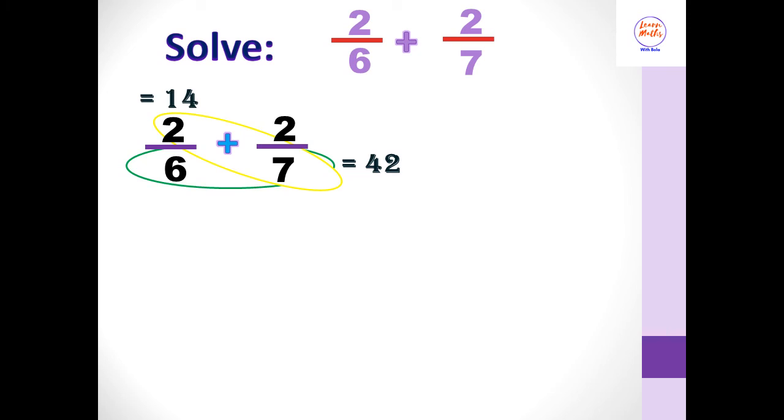Don't mix it up. I've had situations where pupils in class mix them up. Some can just bring the 14 to the other side and bring the other one to the other side. And that is why I usually advise, if you are doing this in class, take a pencil.